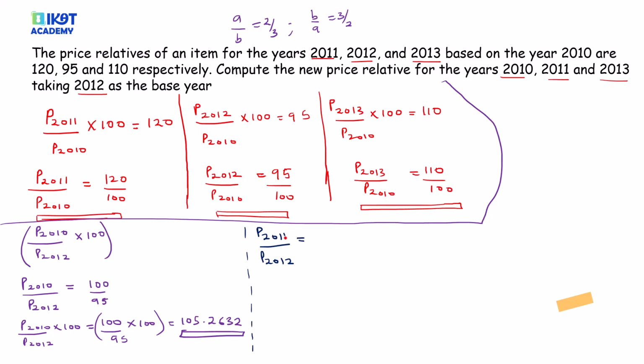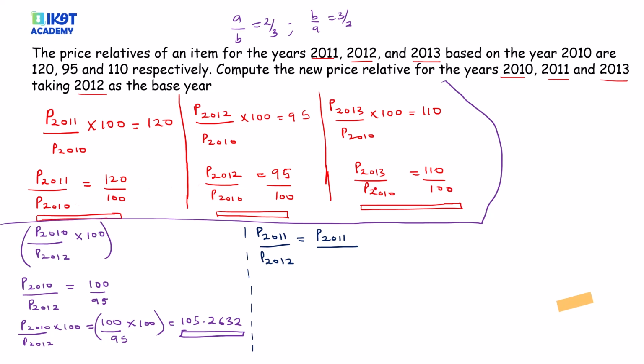So we are going to first write this. This is P2011 out of. Now when in these questions you see we have 2011, 2010, 2012 and 2013. Those are the values we have, because there is no other, and it is just interplaying with prices: 2011, 2010, 2012 and 2013.